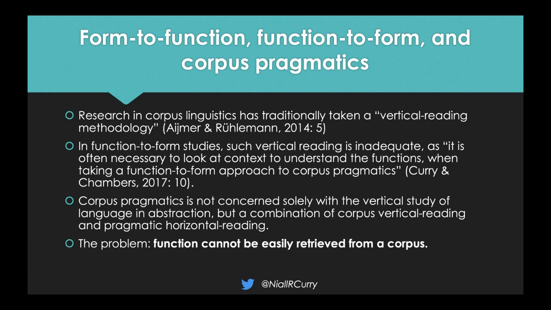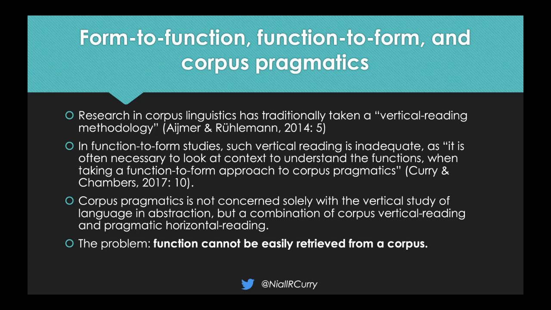In function to form studies, this isn't particularly helpful because often we need to look a little bit more horizontally, in the context, but also the broader context of the text that we're looking at, in order to find out what's actually happening. So corpus pragmatics in this sense is concerned with not just this vertical approach, but also this horizontal approach to identifying a function in a corpus.